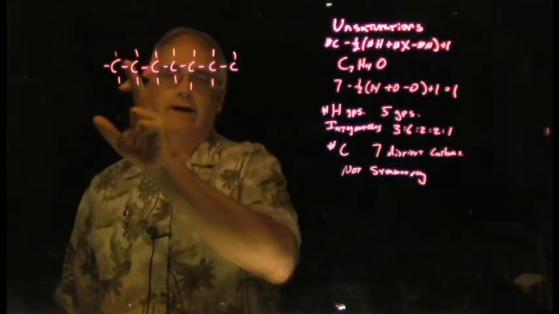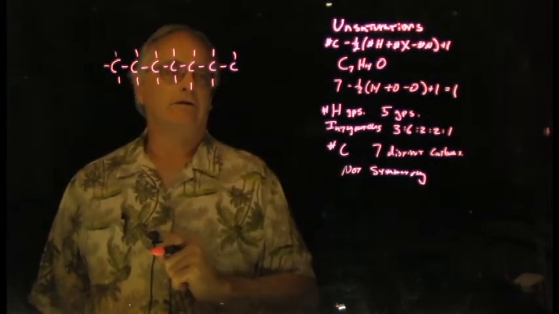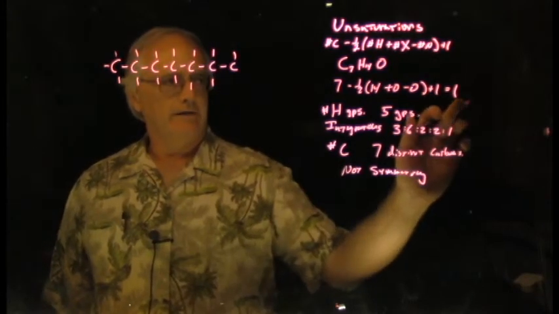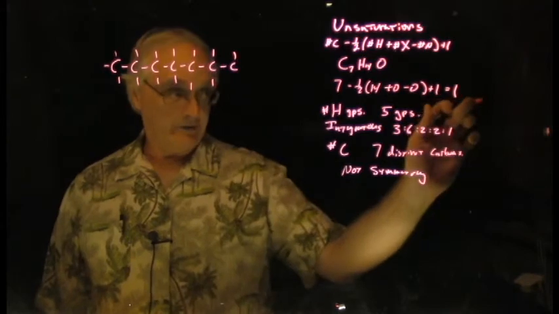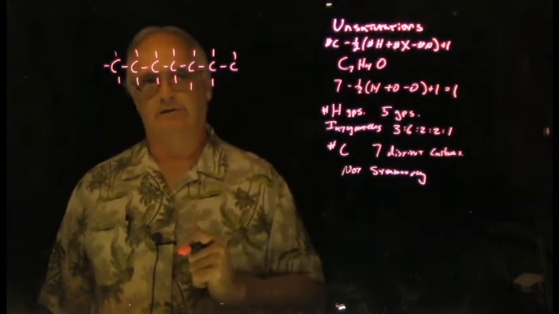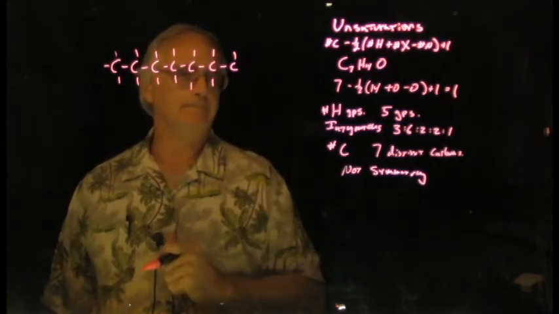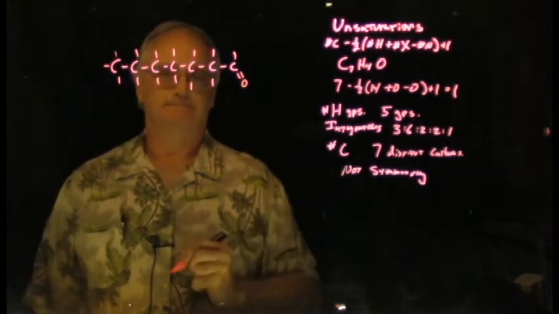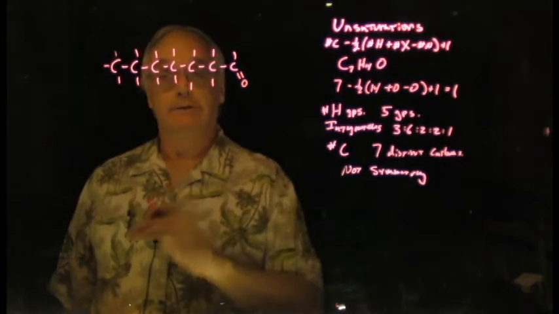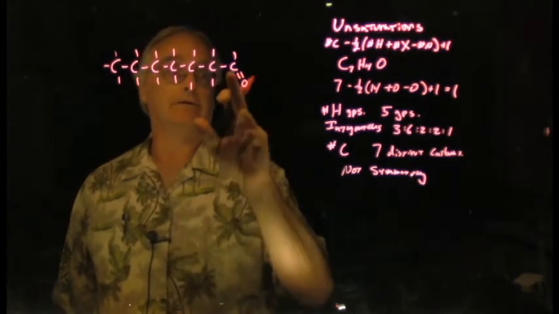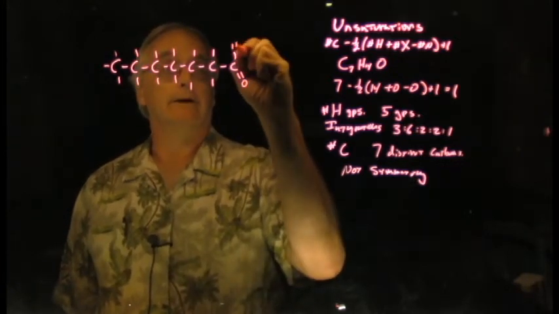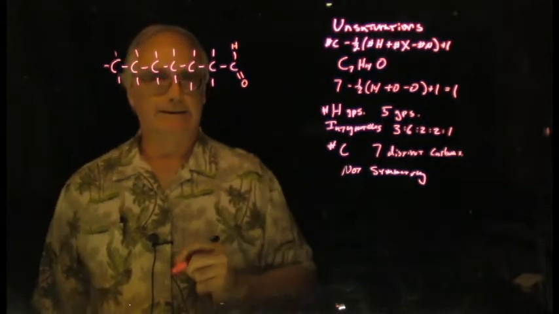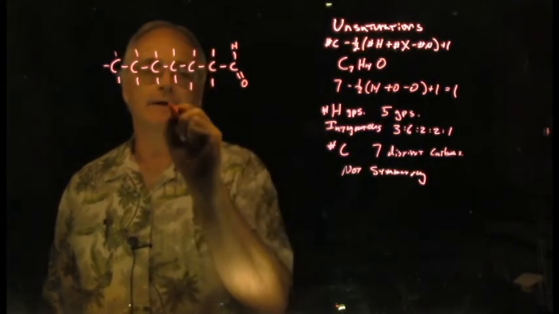And in fact, each of these is saturated, so I still have the one unsaturation and the one oxygen to go. It's going to go out here, double bond, oxygen. And what that renders is an aldehyde. There's a carbonyl with one hydrogen at the end, and in fact, this is heptaldehyde.